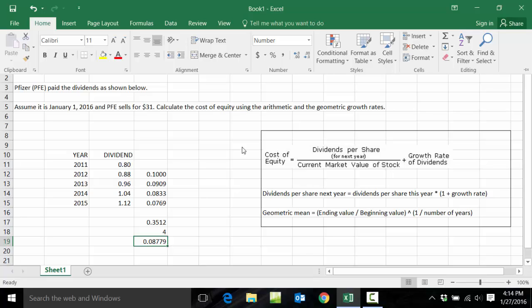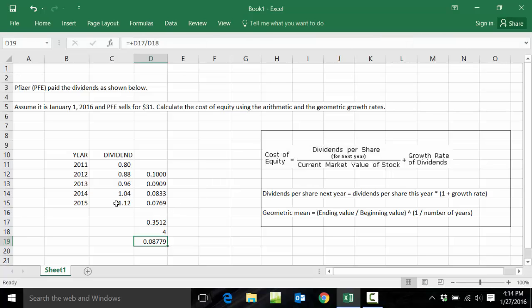Okay, so now we know what the last dividend was in 2015. It was $1.12. And remember, we have to figure out the dividend for next year, for 2016. So we're going to assume the dividend is going to grow by 0.08779, or 8.779%.